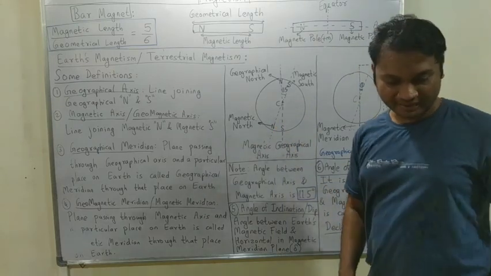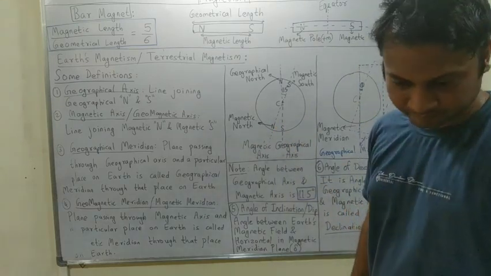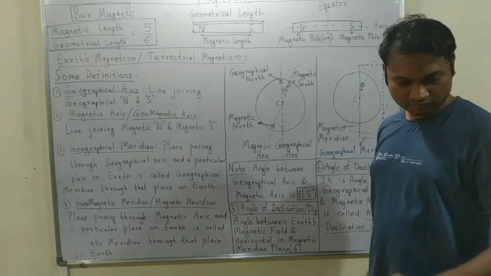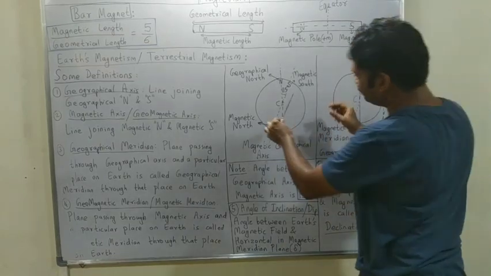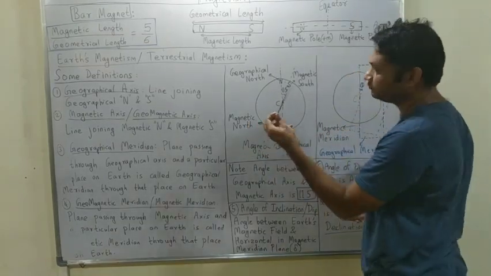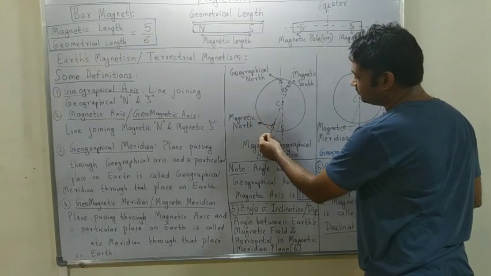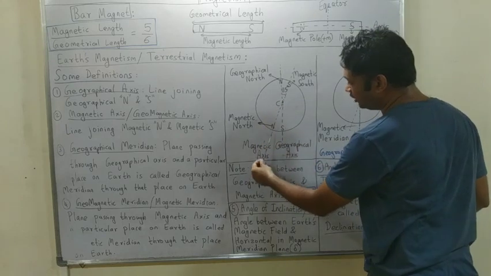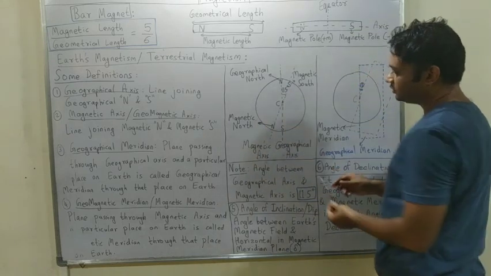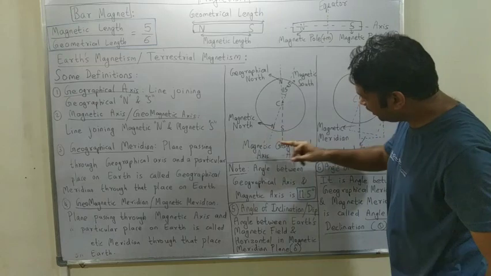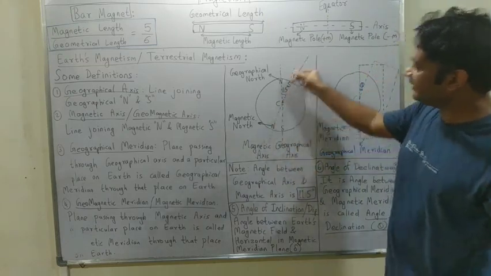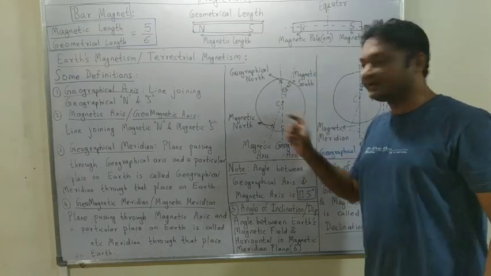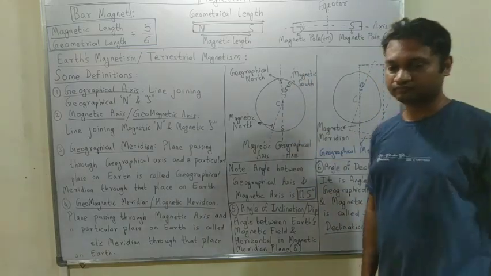We have the first line which we had shown by this needle. The line joining magnetic north and magnetic south is called the magnetic axis of earth.